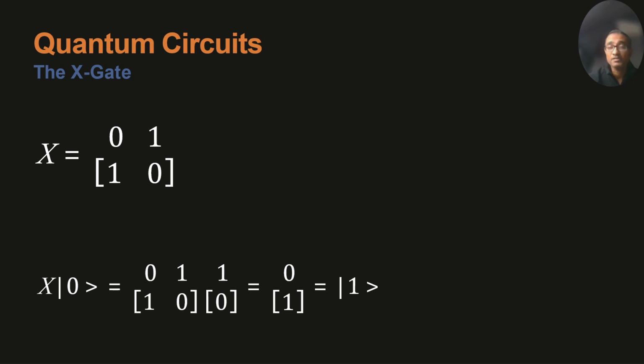So when you multiply the Pauli X matrix with the vector of qubit 0, which is represented by 1 0, you will get 0 1, which is the vector representation of qubit 1.